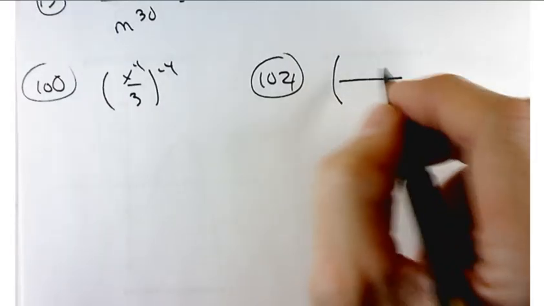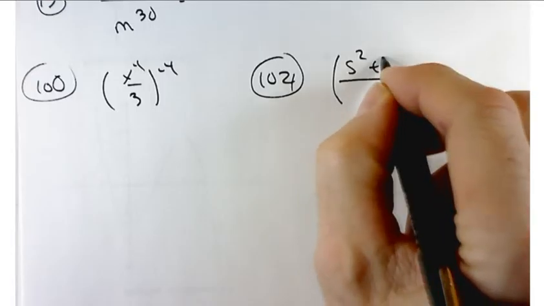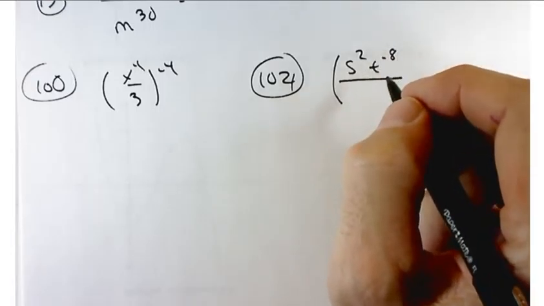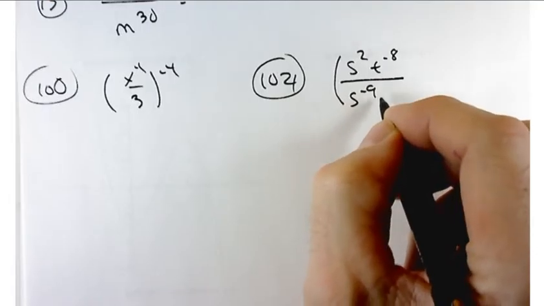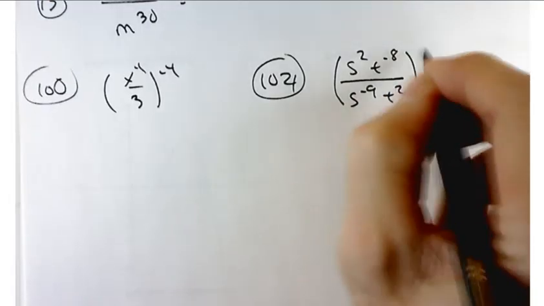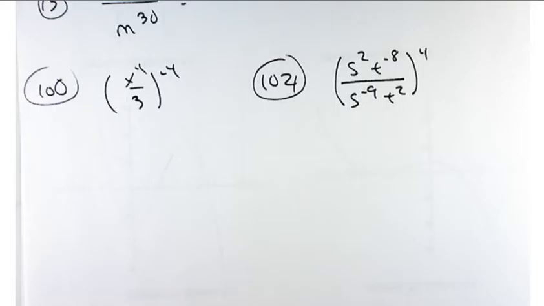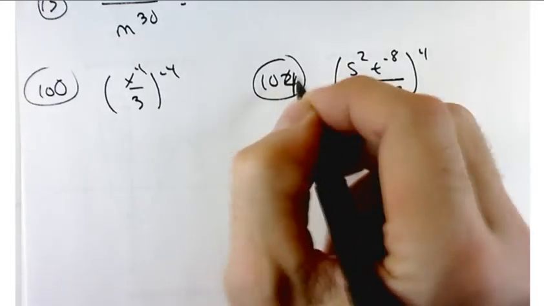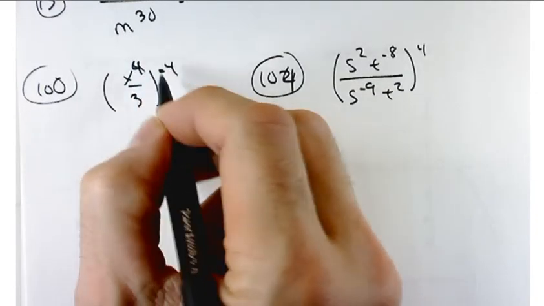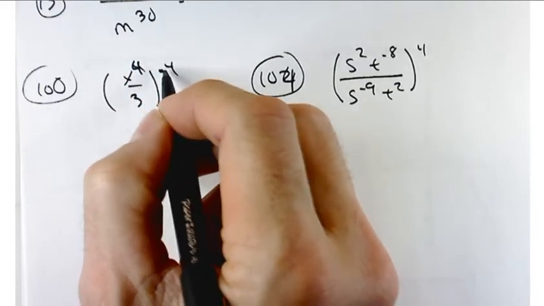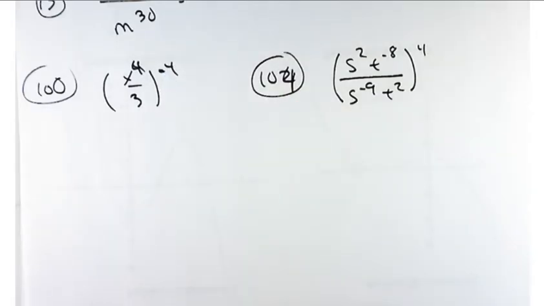S to the 2nd, t to the negative 8th, over s to the negative 9, t to the 2nd, all raised to the 4th power. That's x to the 4th over 3 raised to the negative 4th power.